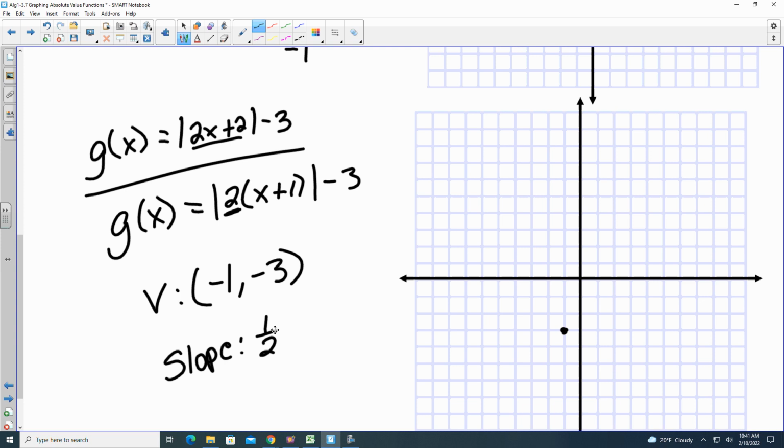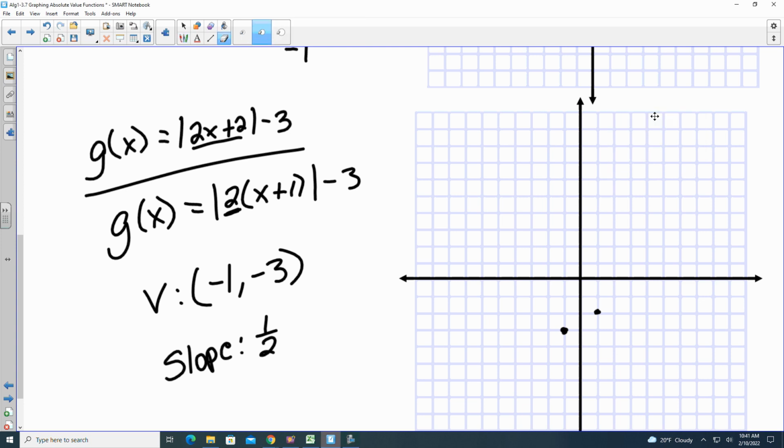So that means I'm going to go up, looks like it's going to be up 1 to the right 2. Oh, sorry about that.